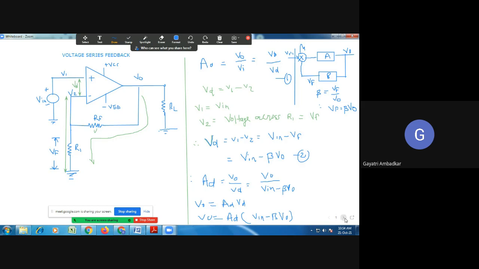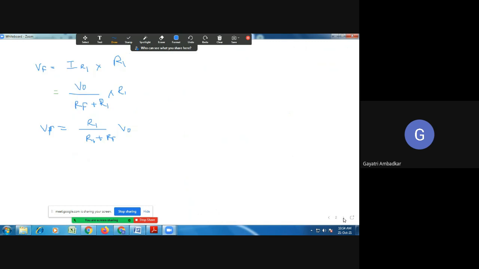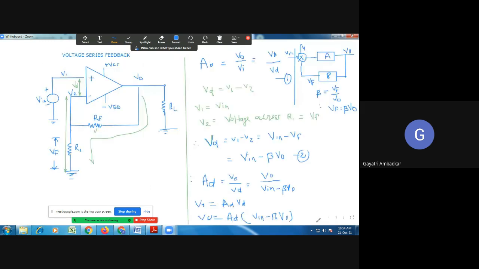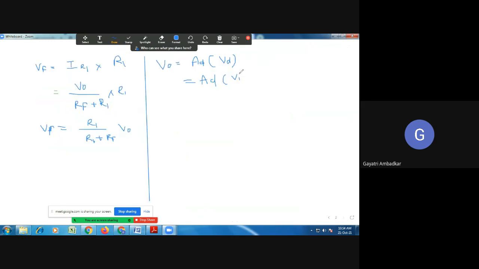So the output is equal to AD into Vd. I'll rewrite again: that is equal to AD into Vin minus beta times Vo. Let's take Vo to one side.